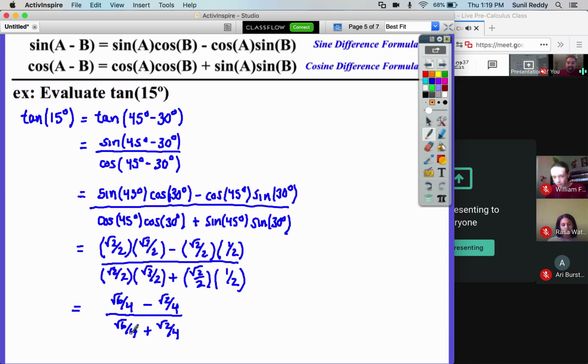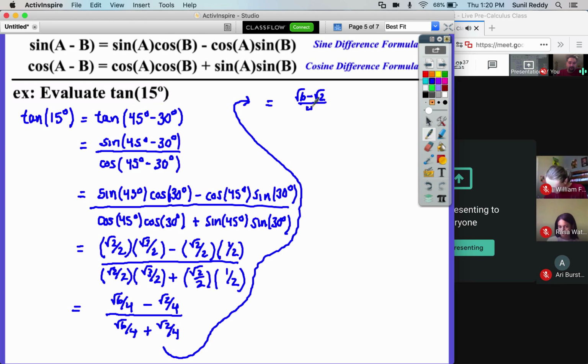I'm going to fuse these terms together. I'm going to bring this work up here. So combining the fractions, we now have root 6 minus root 2 over 4 in our numerator. And we have dividing by root 6 plus root 2 over 4 in our denominator.